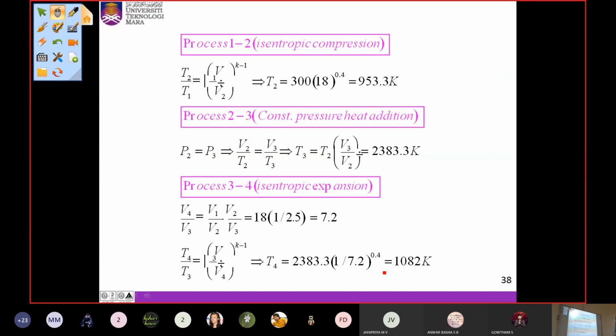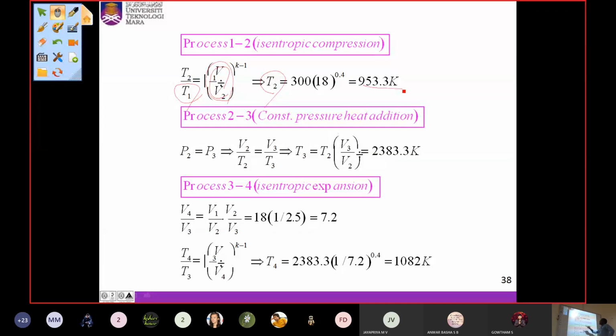From process 1 to 2, there is isentropic compression. You know the same equation. Comparing the parameters T and V, we get T2 by T1 equal to (V1 by V2) power k minus 1. Same equation. We know the V1 by V2 value and the T1 value, so if you substitute, you can calculate the T2 value.